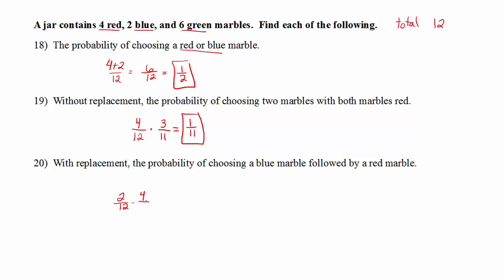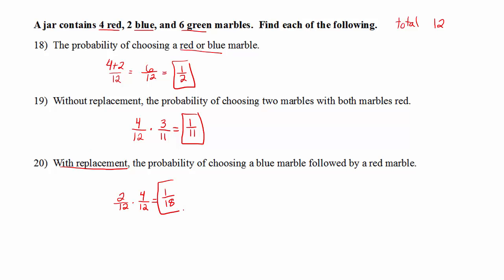It would have been 4 no matter what, even if we had not put the marble back in. But the bottom number is still 12, because with replacement means you put the blue marble back in. We're going to multiply this out and simplify, which gives us 1/18.